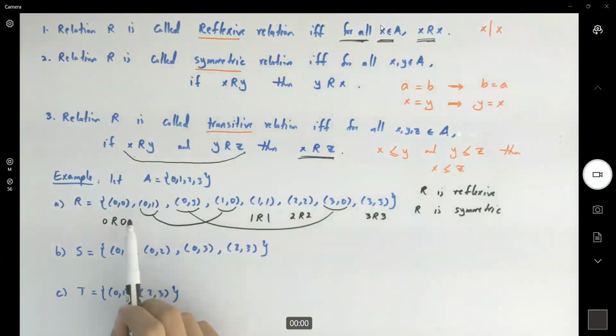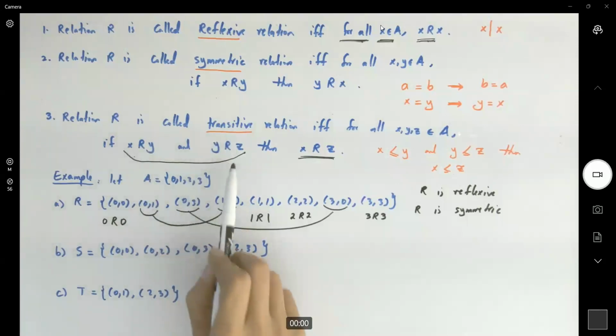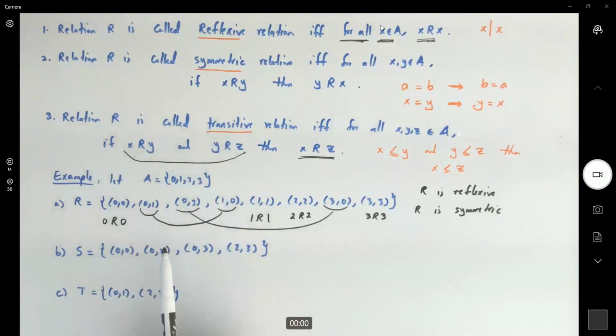Let us find all of the relations, X and Y, Y and Z's. I have 1 connected to 0. I have 0 connected to 3, but I don't have 1 and 3 in this set.